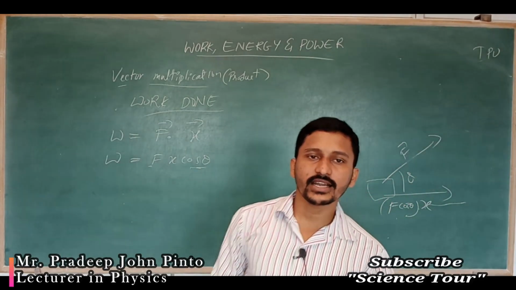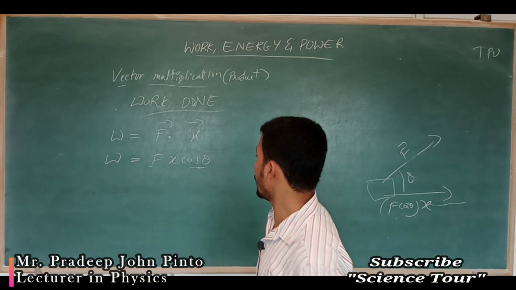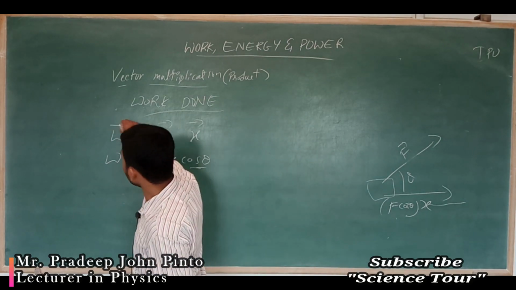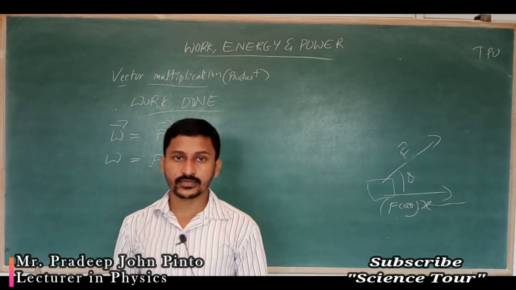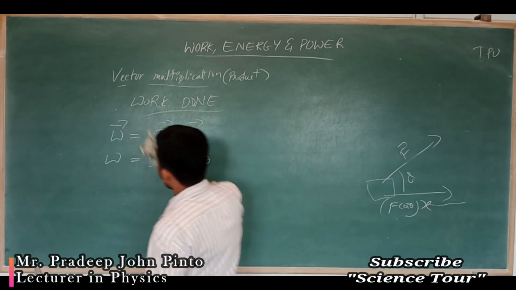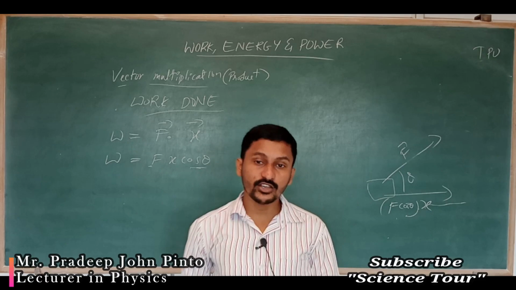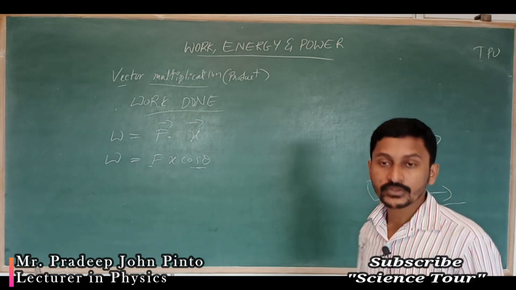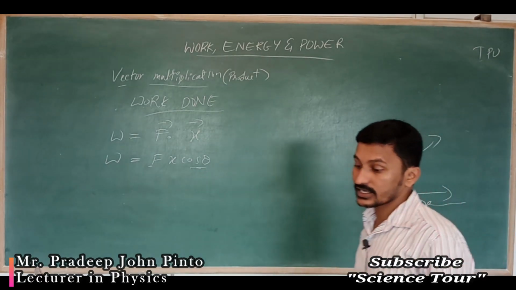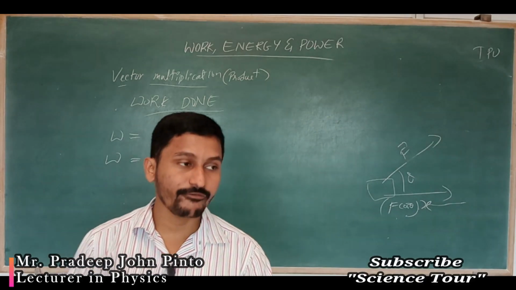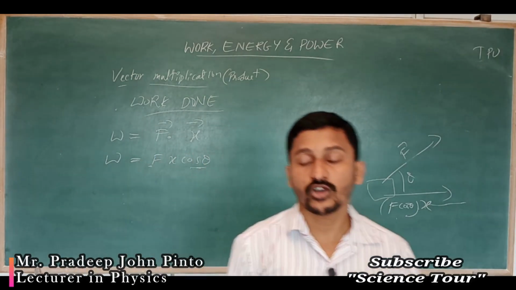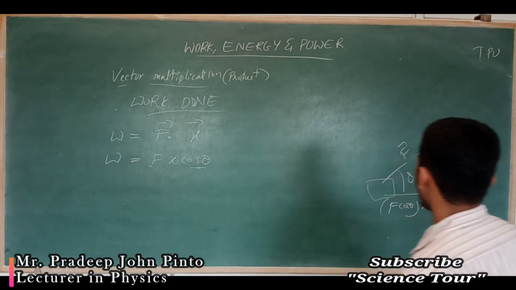But why are you going to treat work as a scalar? Why are you not going to write it as a vector? Because this is the product of force and displacement only. But why are you not writing it as a vector? Because work done does not obey the law of vector addition.